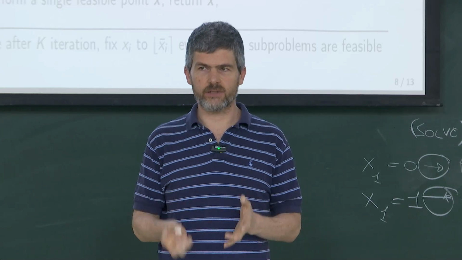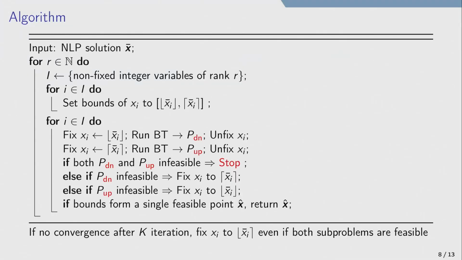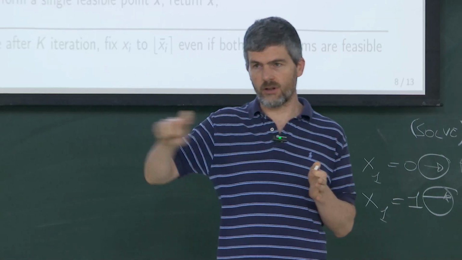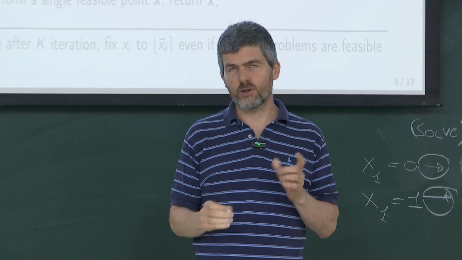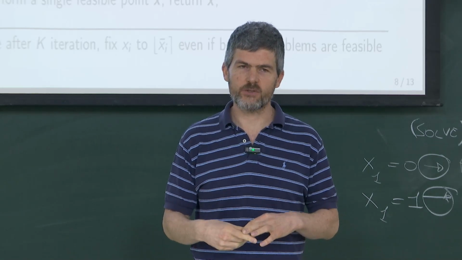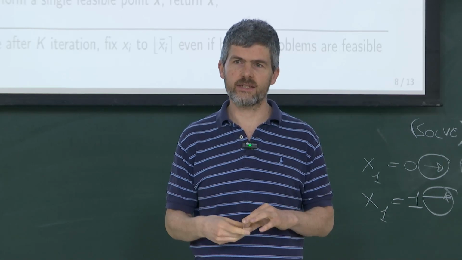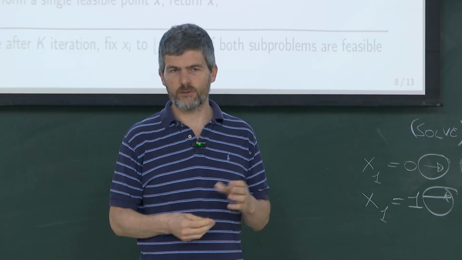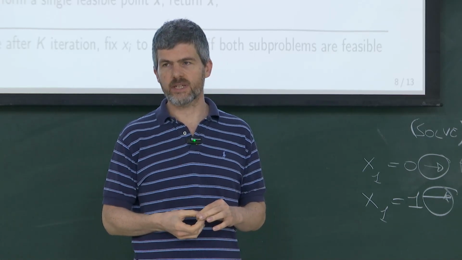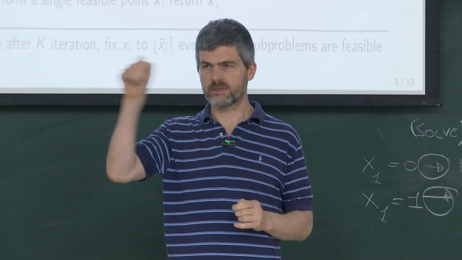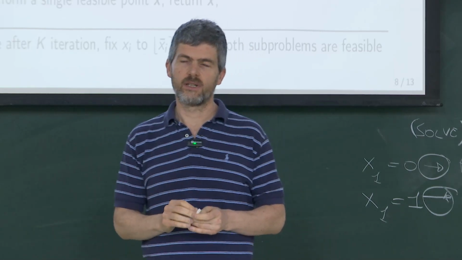It does it not in a random way. It picks the variables one by one in an order defined precisely by this rank. So it takes variables of rank 0 first, the original variables. Among them, of course, it only takes the integer variables, and it tries to round them first down, and then up.